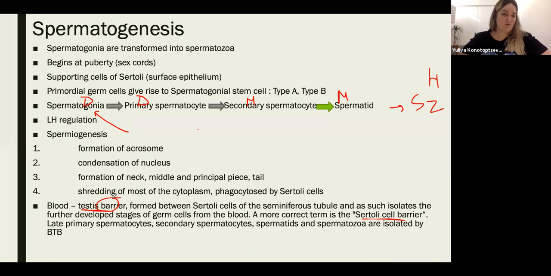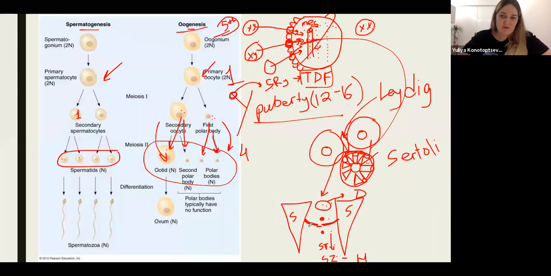It's a bunch of layers. The blood-testis barrier is not a barrier, it's just one tight junction. That's just one layer. So that's why they don't like to use the word barrier. But still, who does this blood-testis barrier protect? Who is it hiding? Diploid or haploid cells?